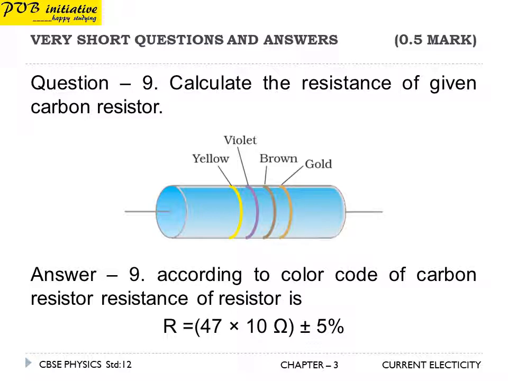Then gold has an error of plus or minus 5%. So the total resistance of the resistor according to the color code is R equals 47 into 10 to the power 1 ohm plus or minus 5%.